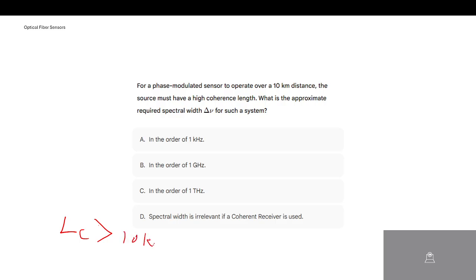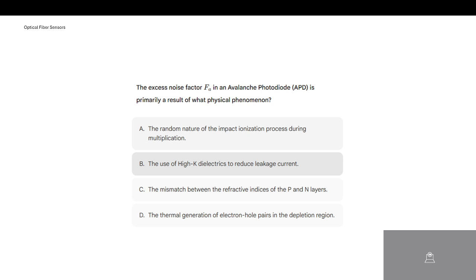The coherence length is nothing but c by del nu. c we know, and this also we know, greater than 10 kilometer. So if you calculate del nu, it will come extremely narrow, typically in the kilohertz region. That's why the spectral width will be in the kilohertz region. You are correct. Okay, moving towards the next question.